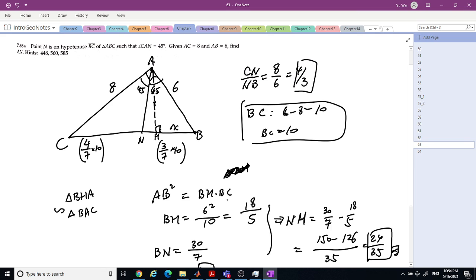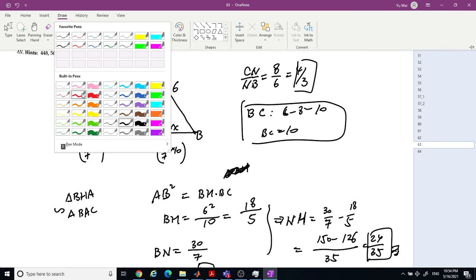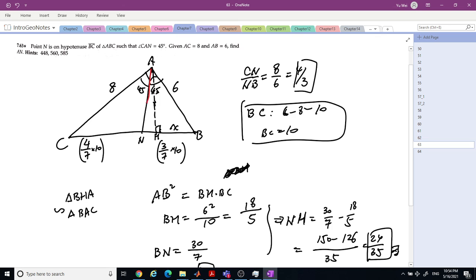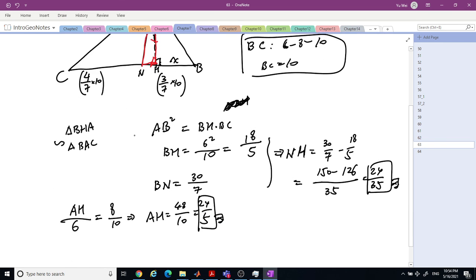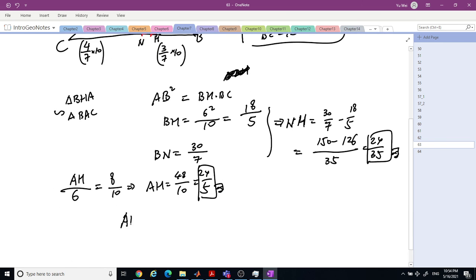Okay, then the right triangle ANH, we solve this one, we solve this one. Now it's easy, right? So I will leave the last calculation for you, okay? AN is equal to the square root of AH square plus NH square. We have the NH here, we have the AH here, okay?